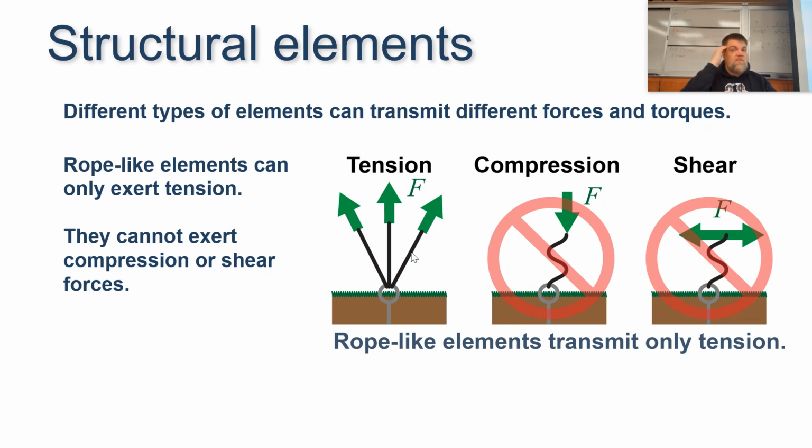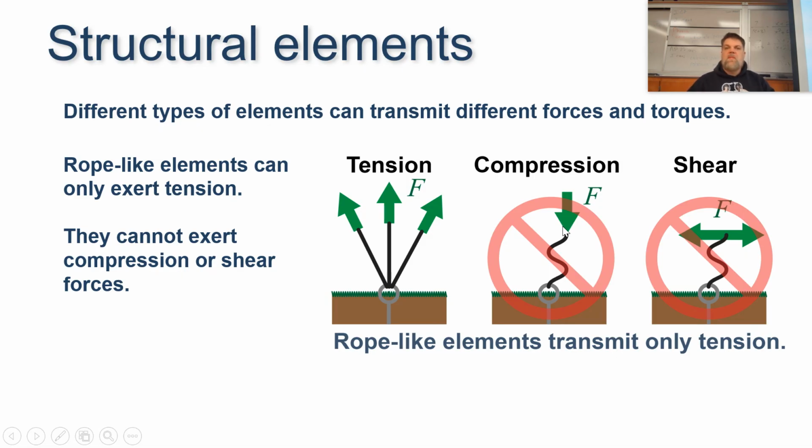This is going to sound weird, but the bridge wasn't heavy enough. So when the bridge moved a little bit, could the cables hold it in place? No, because the cables were designed to hold the bridge, but when the wind came along and blew under the bridge, the cables couldn't handle compression.